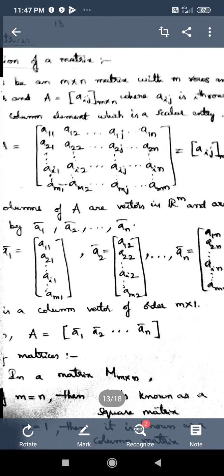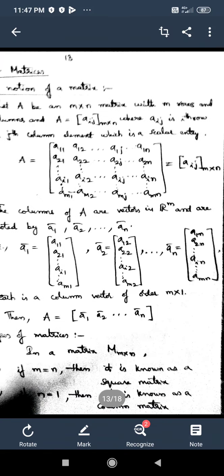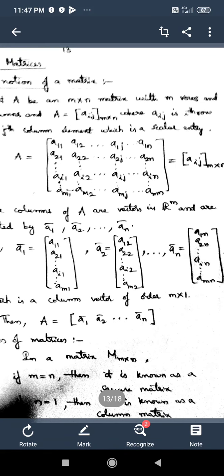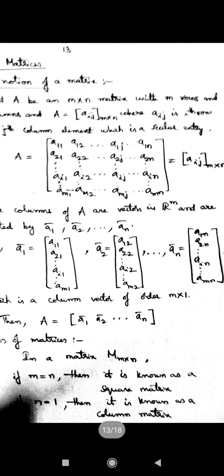Now we can see that capital A is equal to A11, A12, A1j, so on, A1n in the first row. Here A11 means the first row, first column element. A12 means first row, second column element. A1j means first row, jth column element. A1n means first row, nth column element.